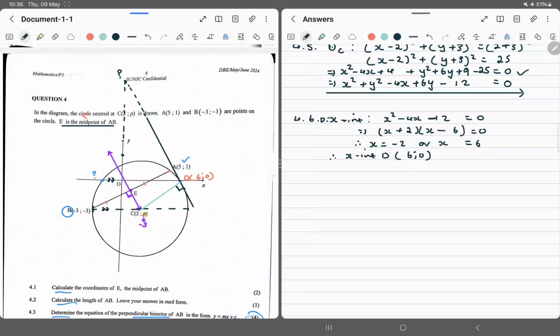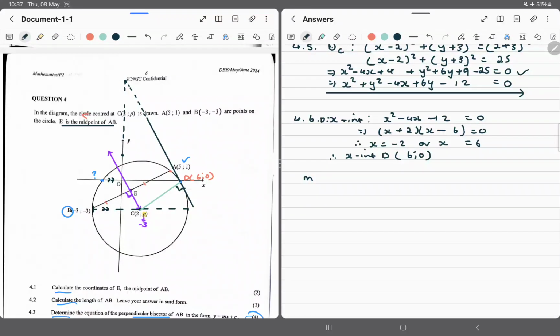So we know that the gradient of, let's call that point up there, P, the y-intercept. Let's call that y-intercept P. So we can just simply say, okay, let's not rush to name things.